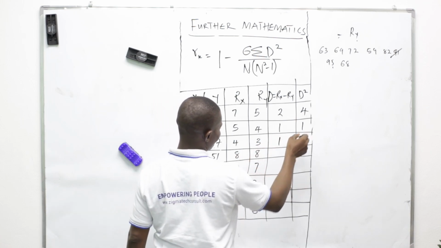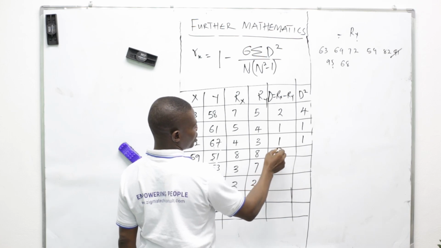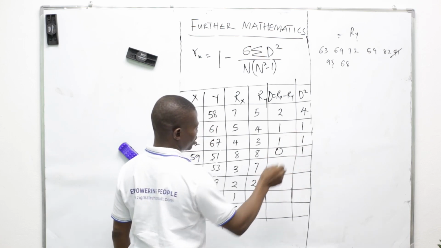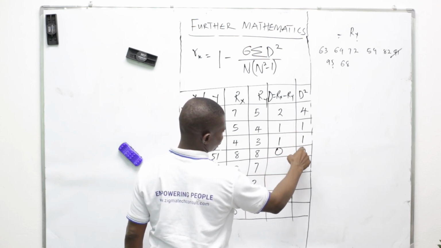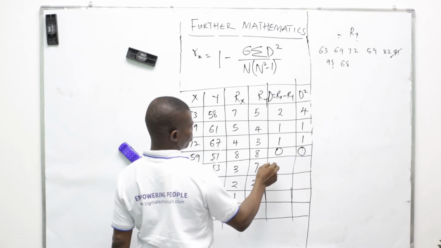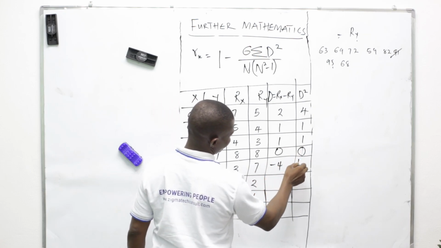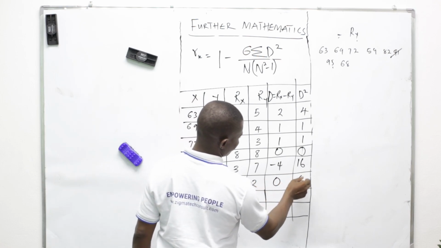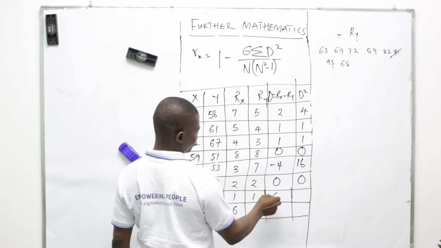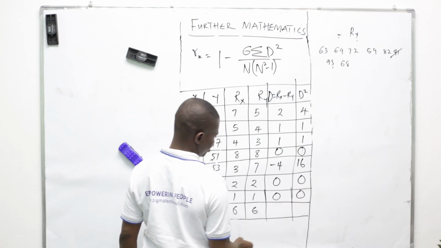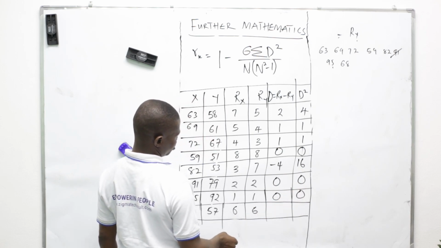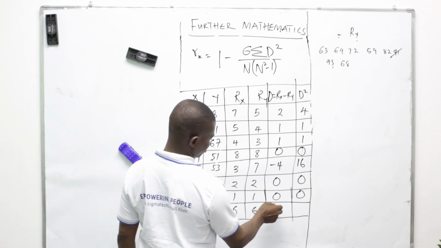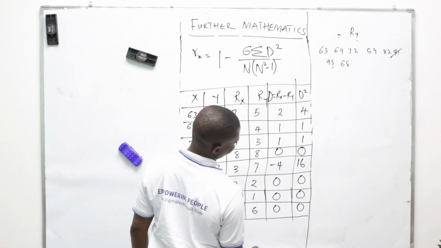Square of 1, 1. 8 minus 8, 0. Square of it, 0. 3 minus 7, minus 4. Square of minus 4, 16. 2 minus 2, 0. The square, 0. 1 minus 1, 0. The square, 0. 6 minus 6, 0. The square is also 0.